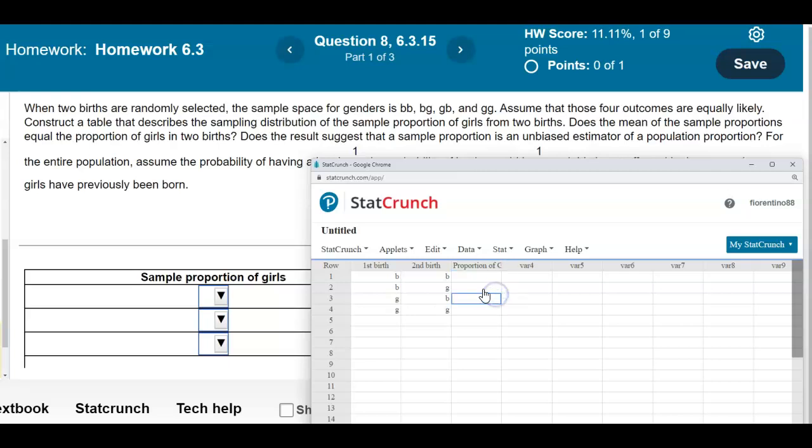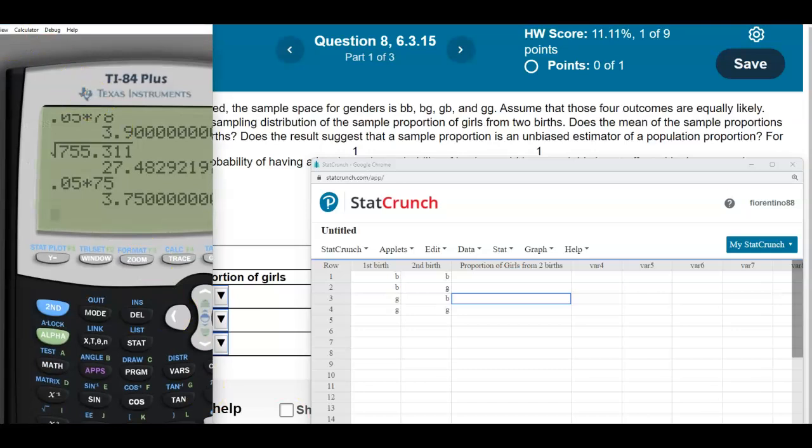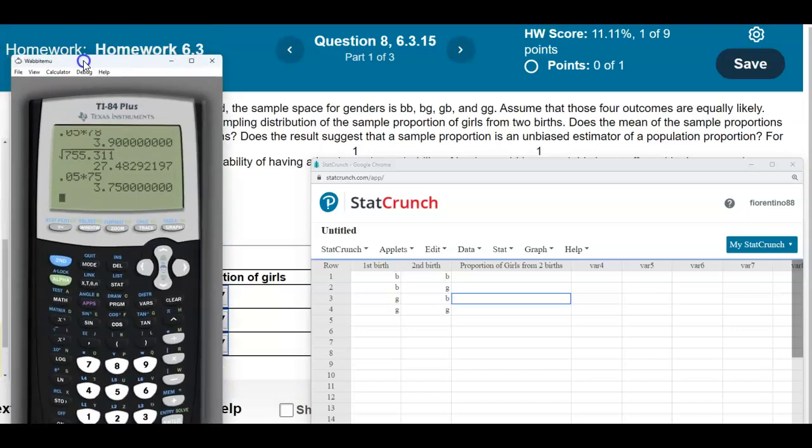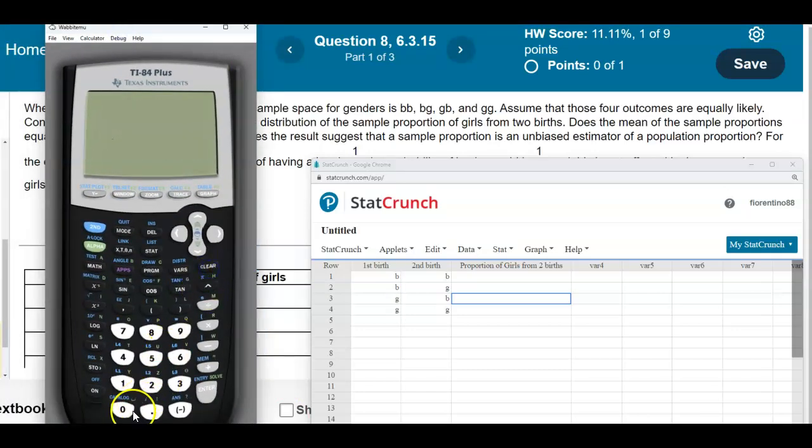In this case we have a boy and a boy. Well, that means that we get 0 girls. So let's go ahead on our calculator. That means we have 0 girls in the first, 0 girls in the second, so 0 out of 2 is going to give us 0. So the proportion here is 0.